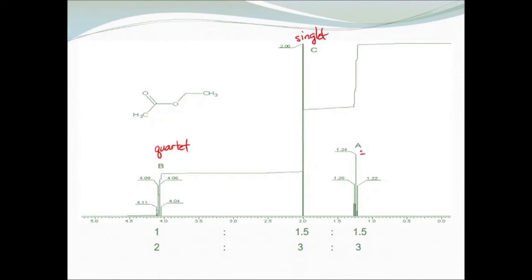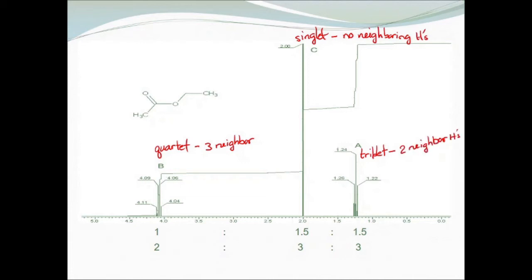And this is an example of a triplet. The quartet means 3 neighbors. Most common example is that means it's bonded to a CH3. Singlet means no neighboring hydrogens. And the triplet means 2 neighboring hydrogens.